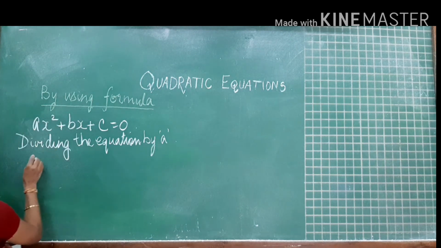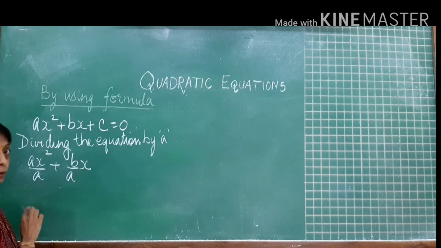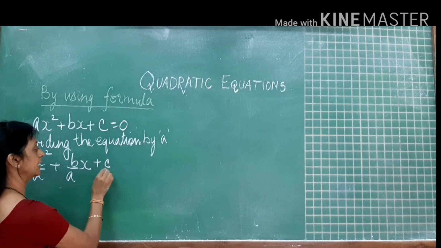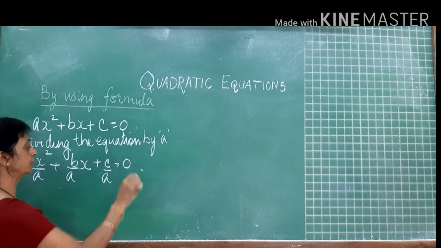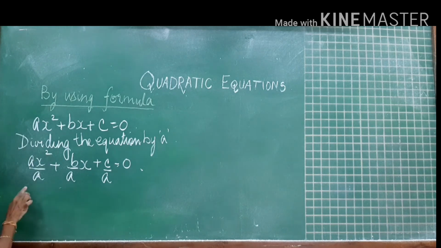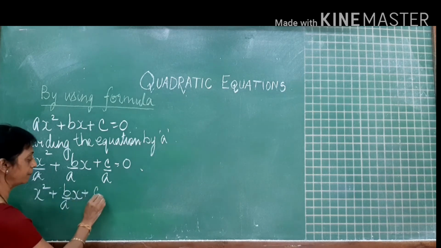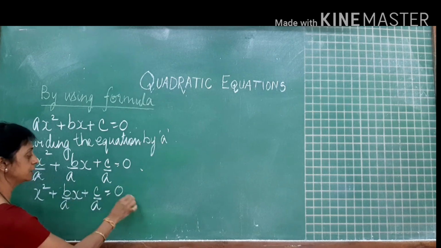So over here we have ax square upon a plus b upon a into x plus c upon a, which is equal to 0. Let's see where all we can reduce. We can reduce over here in the first term. A ones are a. So what are we left with? x square plus b upon a into x plus c upon a, which is equal to 0.